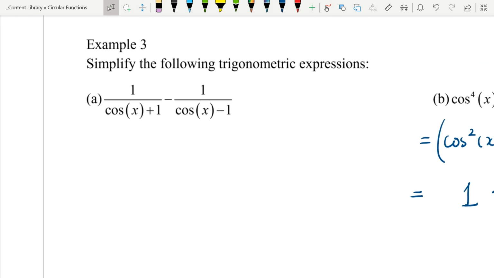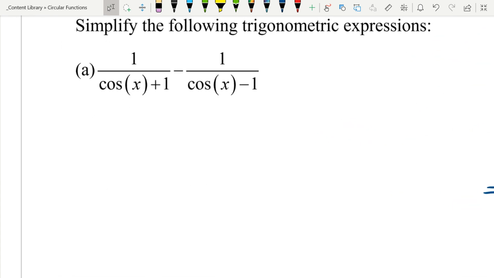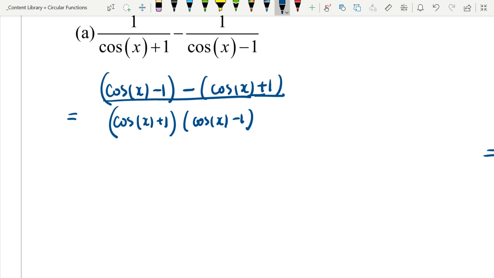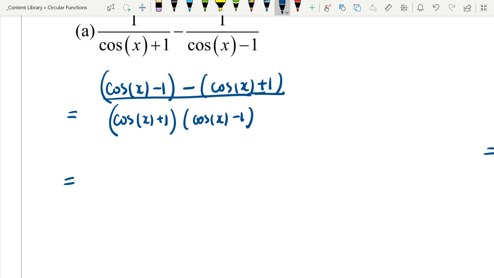All right, for the next one, you have two fractions. Obviously, I'm going to make a common denominator first. The top is cosine x minus 1, and then minus cos x plus 1 in the bracket. So I'll have cosine x minus 1 minus cosine x minus 1, that's minus 2. And then I have cosine squared x minus 1.